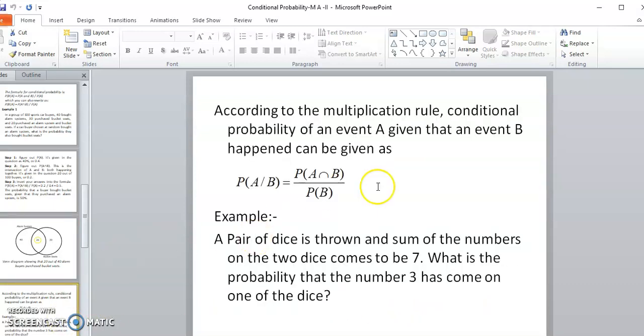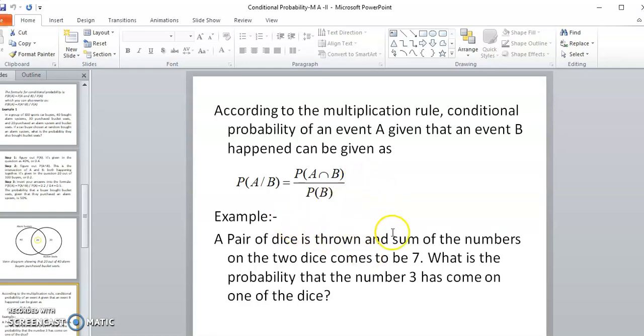Then, according to the multiplication rule, the conditional probability of an event A given that an event B happened can be given this way. This is the formula you are observing: probability of A happening under the condition B happens is probability of A intersection B divided by probability that B happens.